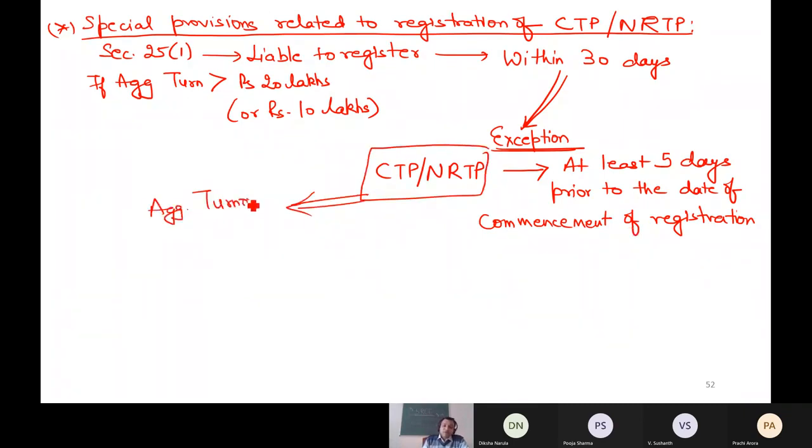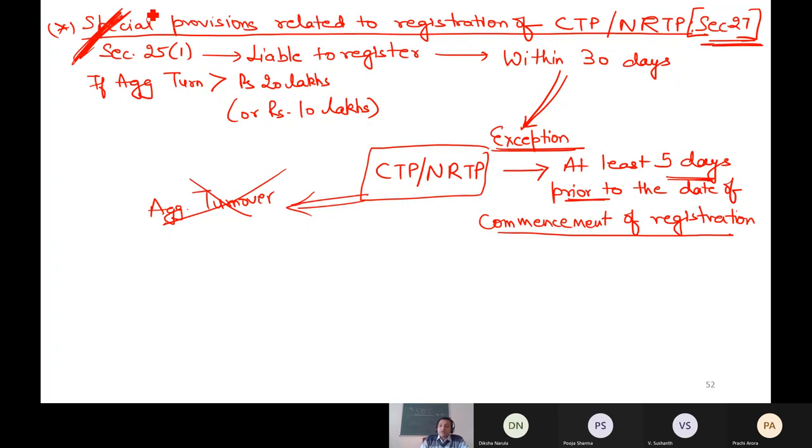Okay, the aggregate turnover concept will not work here because we have to take the registration 5 days before starting the business. And that is why section 27 specially tells you some provisions which are applicable to this class. So what are those special provisions? First point, if you remember, what is the document required?